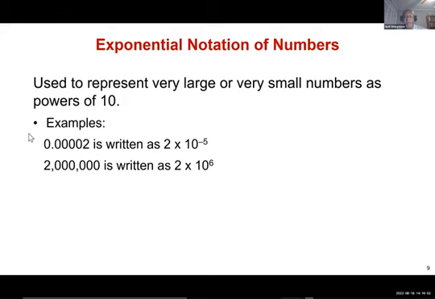Large numbers in scientific notation have positive exponents of 10. How many of you have seen or done this before, changing a normal number to a scientific number? No, sir. Okay, all right.